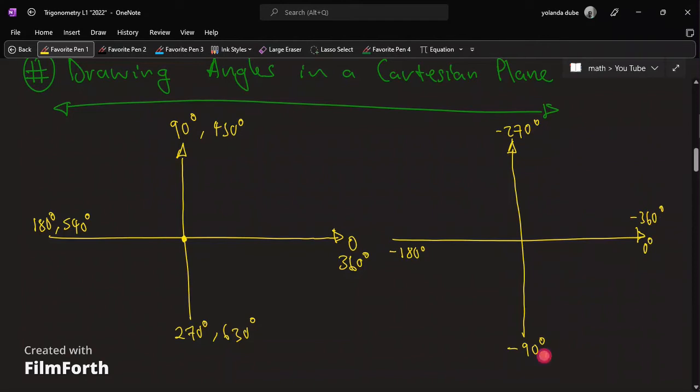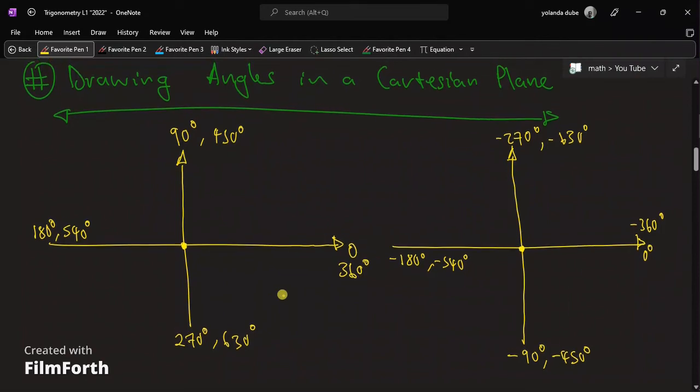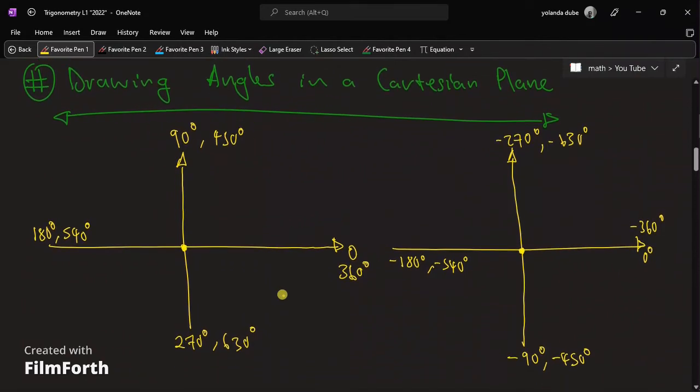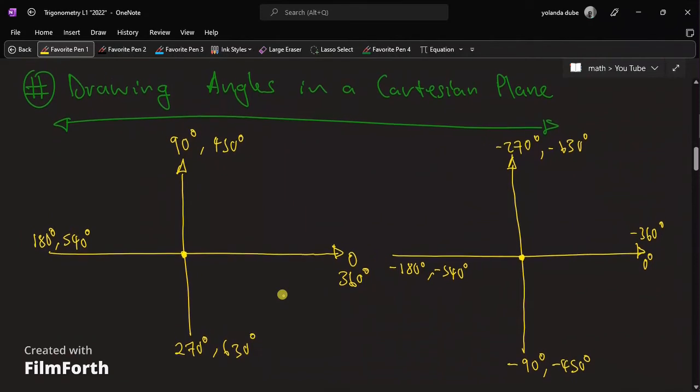Then you can also rotate further if you want: negative 450, negative 540, then negative 630, then negative 720, and so on. So we have these two systems that we use every time for representing angles. Every time they say draw this angle in a Cartesian plane, you should always know how to create your reference frame in the manner that you see on screen.